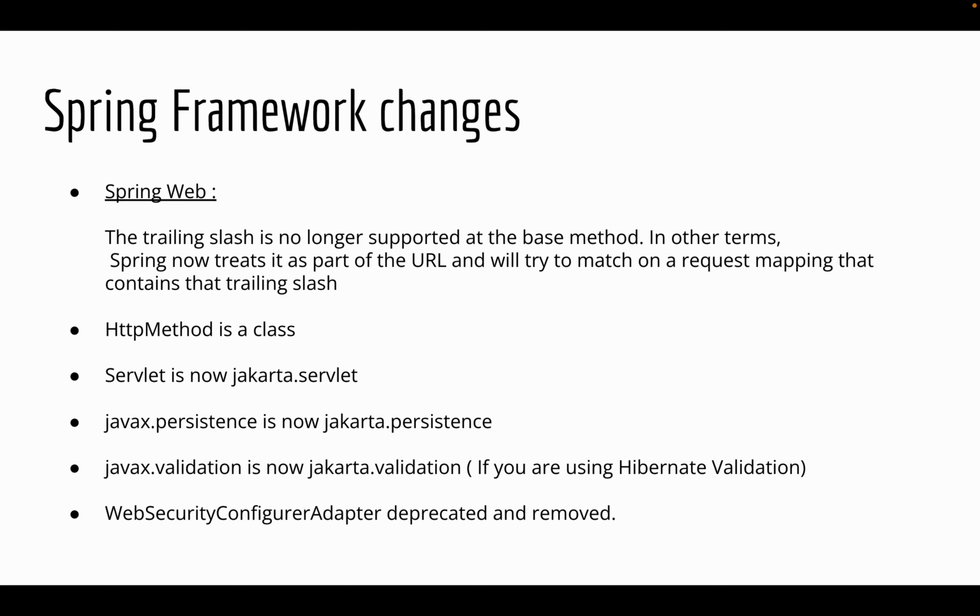Of course, these changes are done keeping security in mind. Now, the second is that HTTP method is now a class. So this is again a very important change one should know. Also note that servlet is now a Jakarta servlet instead of javax.